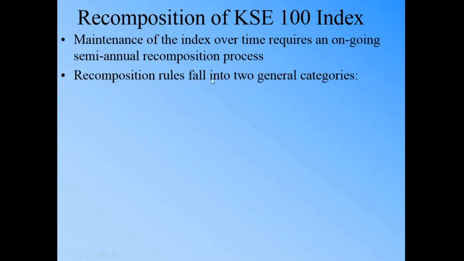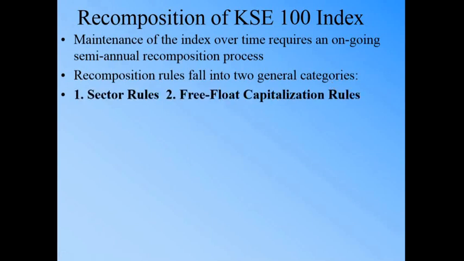The recomposition rules fall into two general categories. What are those general categories? I hope you are clear that one is the sector rule: a company which was previously the top company of the sector may be replaced by another company, so now the new company will be part of the index. The second one is the free float capitalization rule, which is for the other 65 companies.